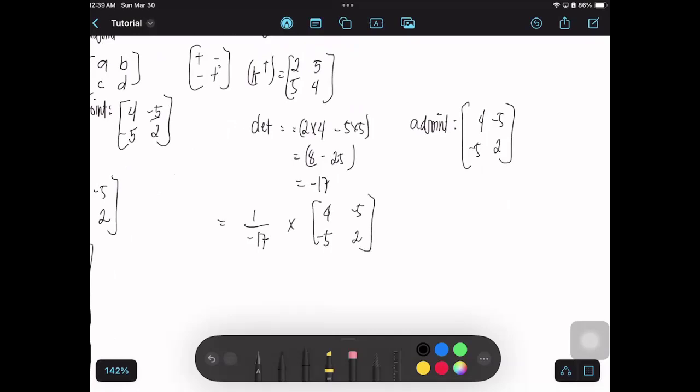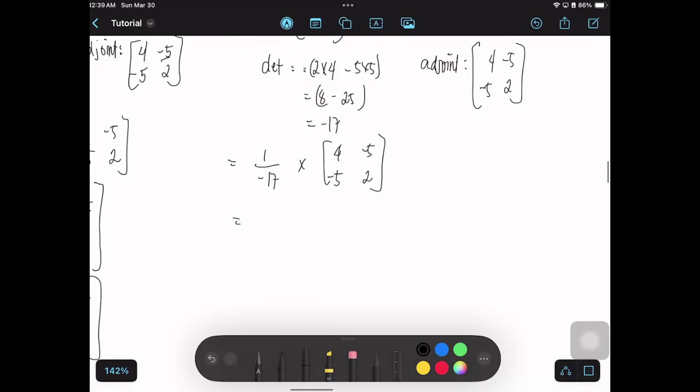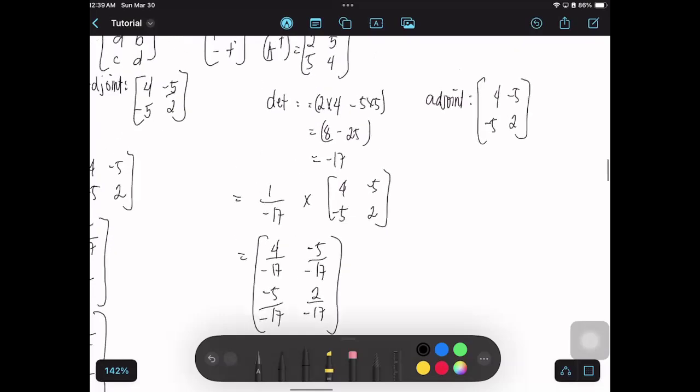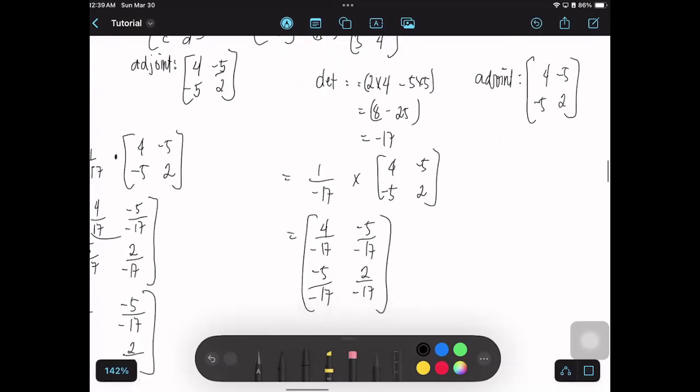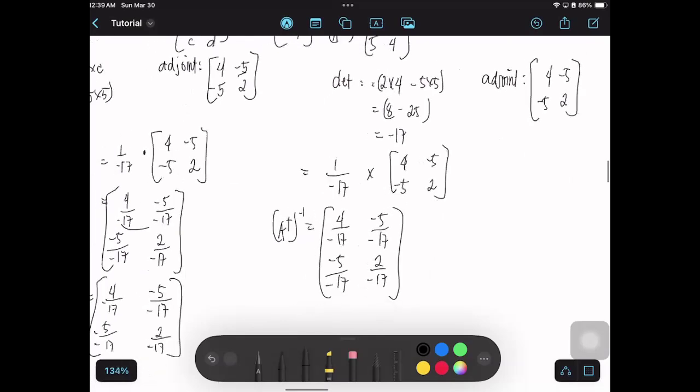Okay, what you will need to do is, it will become 4, -17, then -5, 17, then -5, -17, then 2, -17. So this will be the answer of your A transpose, getting the inverse.